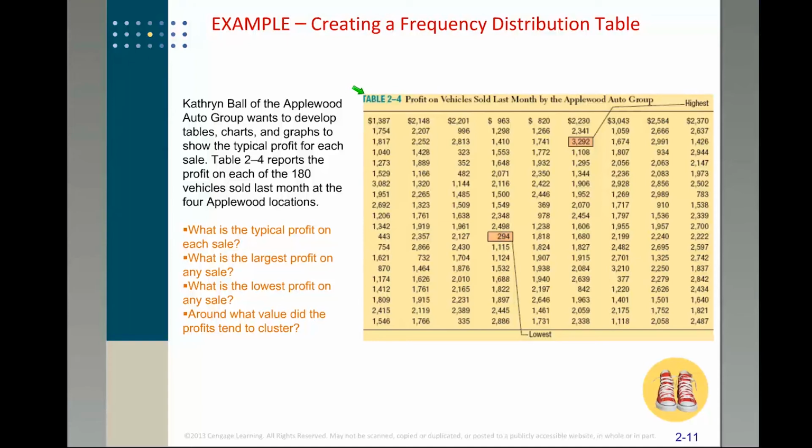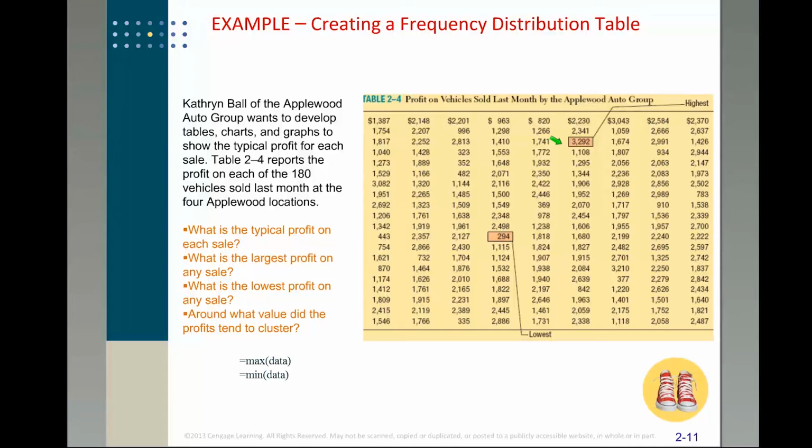In Excel, you can call the function equal to maximum, and you just highlight the data, and equal to minimum, highlight the data, then you will be able to find the maximum and the minimum among a bunch of numbers. In our case, the minimum is $294 and the maximum is $3,292.